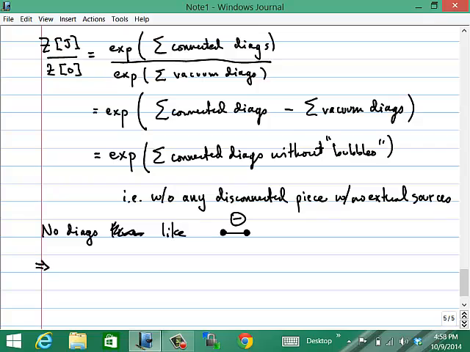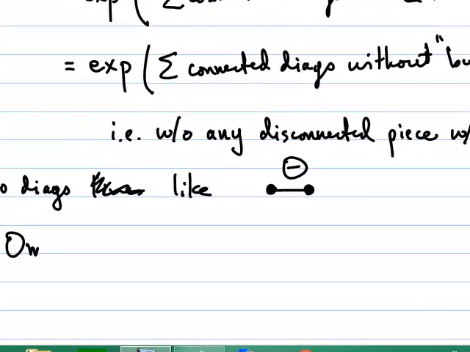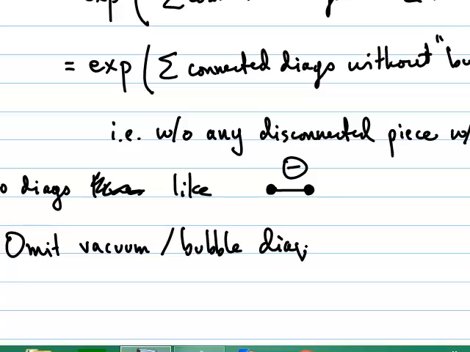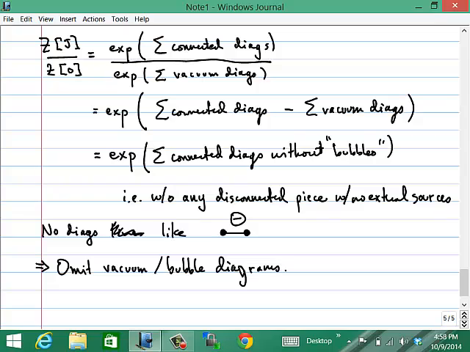So that means that there's a very simple rule that we can think about when we compute these Feynman diagrams, which is that we just omit all of the vacuum diagrams or bubble diagrams. And this was something we saw explicitly when we used the Schwinger-Dyson equation. When we computed two-point functions, we didn't have any vacuum diagrams contributing, but it wasn't clear why, since they seemed to be allowed by the Feynman rules.